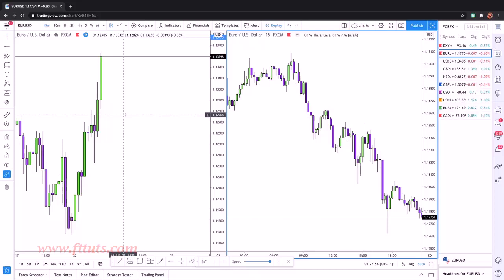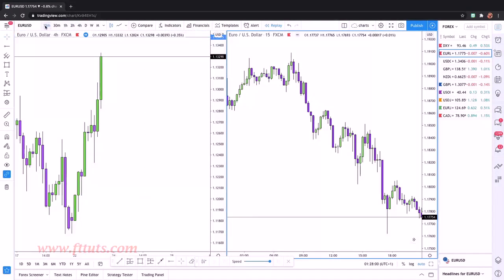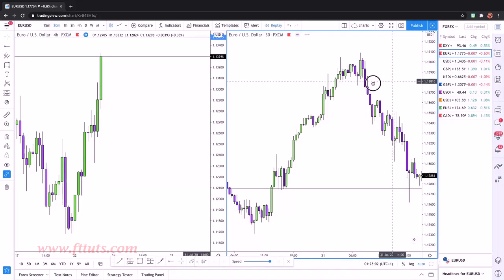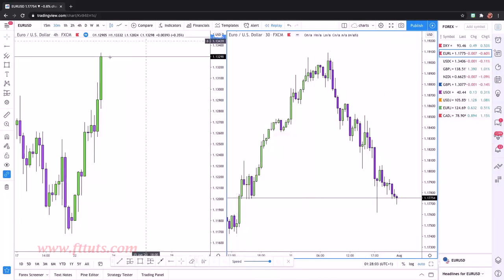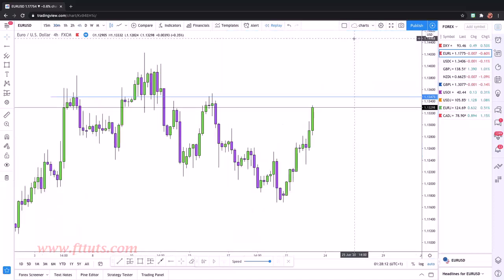Then you have your larger time frames on here, your 4-hour on here, and your 15 or 30-minute on here, so you can get more price action. You can watch what's happening on the lower time frames to get that precise entry. Or you can open another tab and put this tab on 4-hour, this tab on 30 or 15, whatever you want to do.